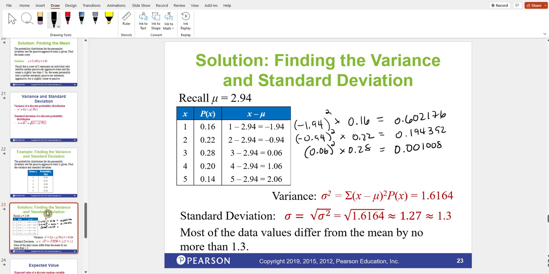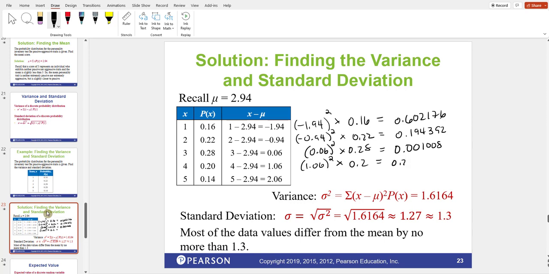0.001008. And the reason why it's best to not round in the course of the calculation is because your final answer will be off. So that's why I don't round until the very end.